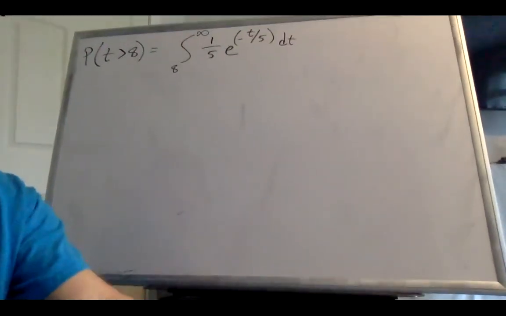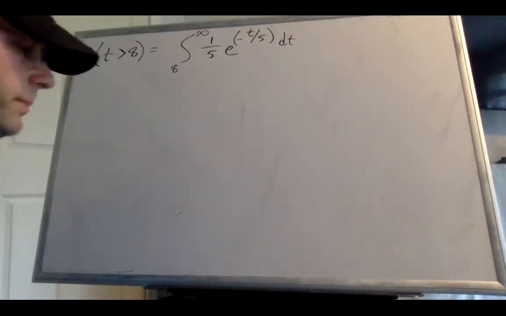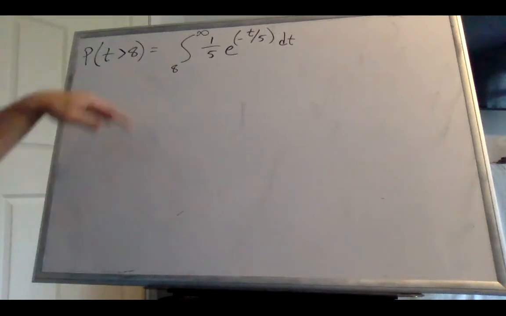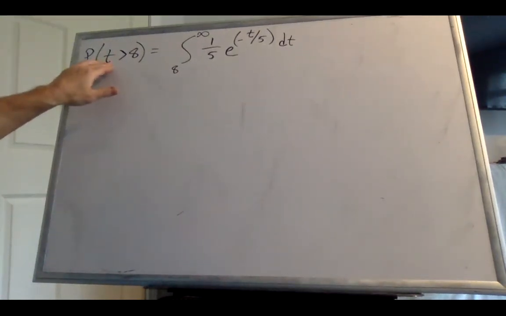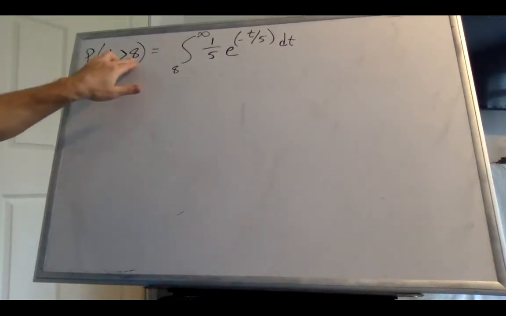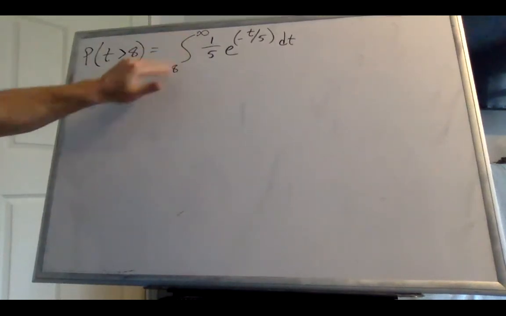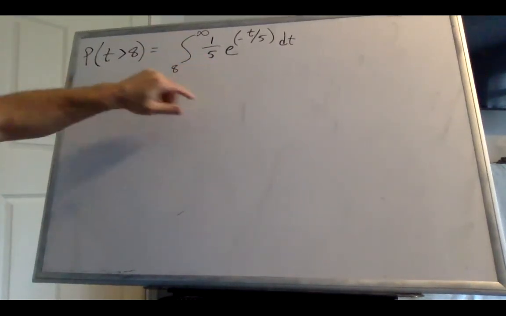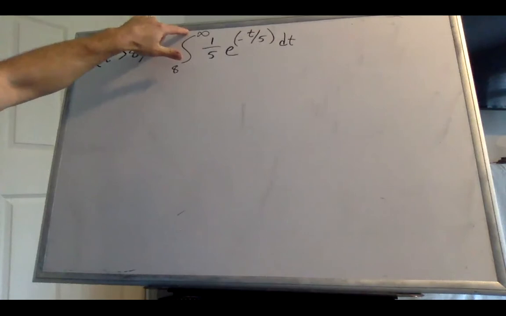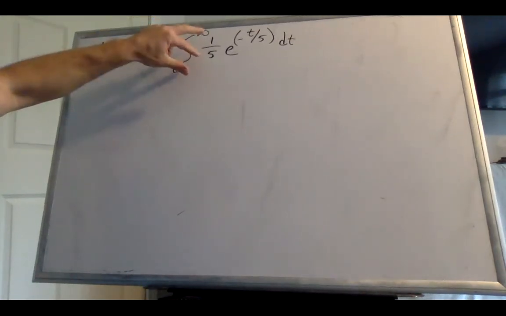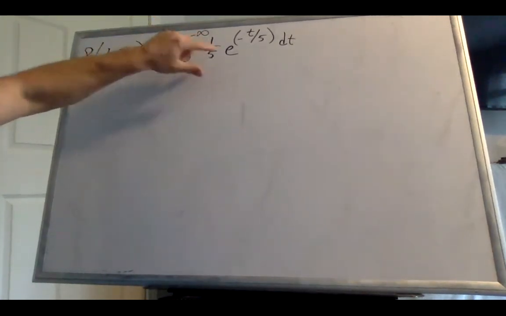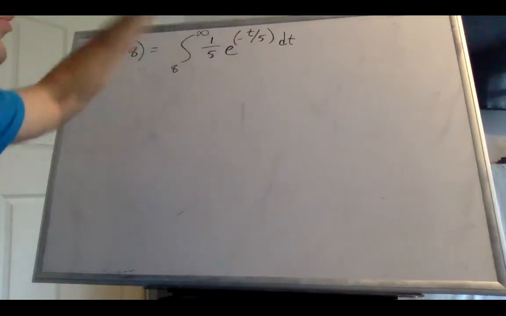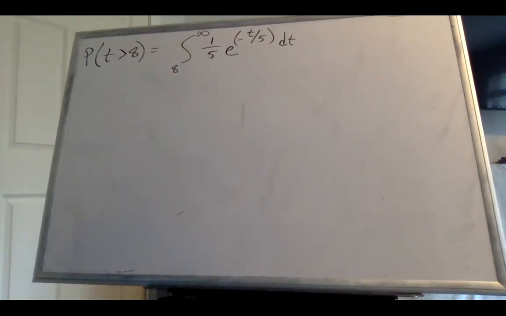So what I've done: the probability that the time to failure is greater than 8 years would be the area under this exponential function from 8 to infinity of 1 over beta e to the minus x over beta, and beta was 5. Alpha is 1 because it's an exponential distribution.